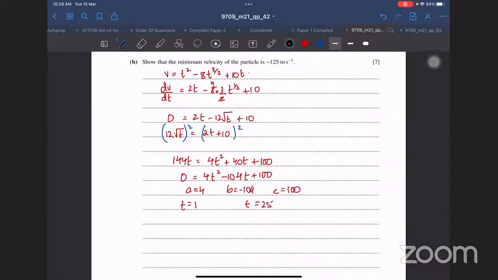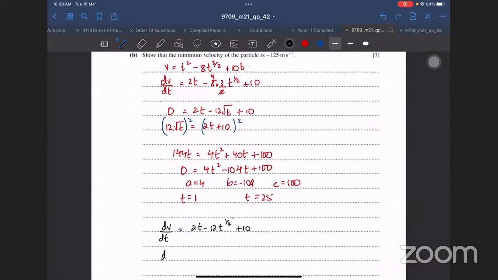I can double differentiate it and then determine which one is a maximum and which one is a minimum. So this was dv over dt. I double differentiate it, d squared v over dt squared, and I get 2 minus 6t power minus half.